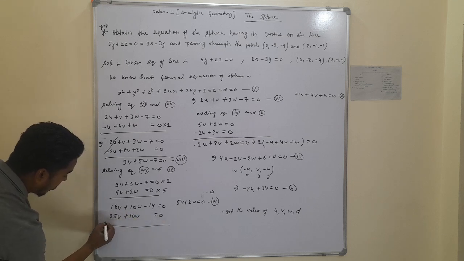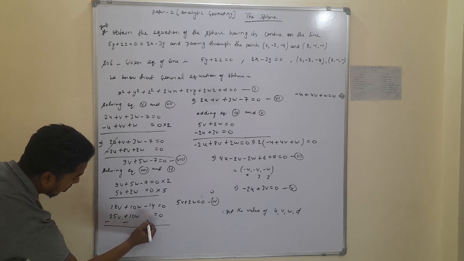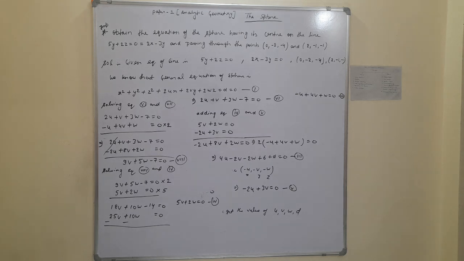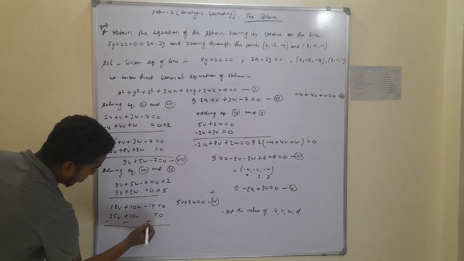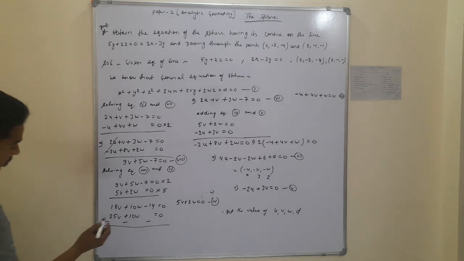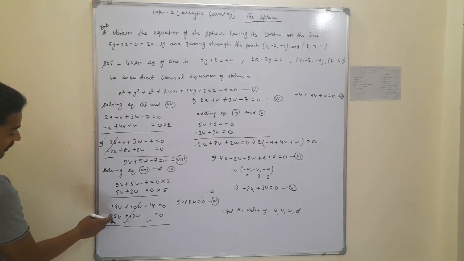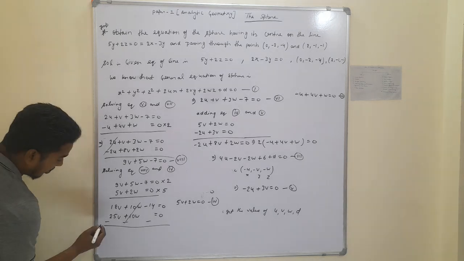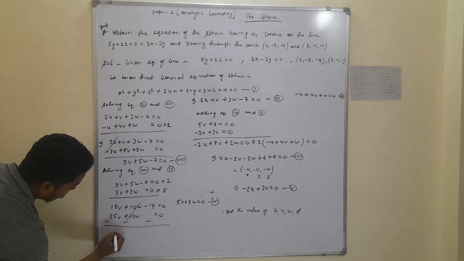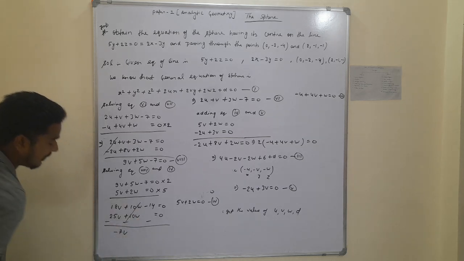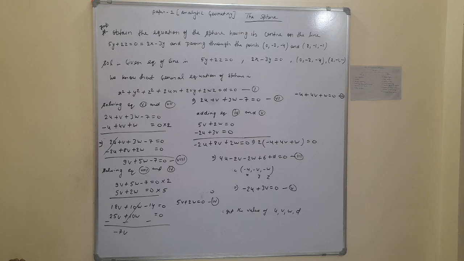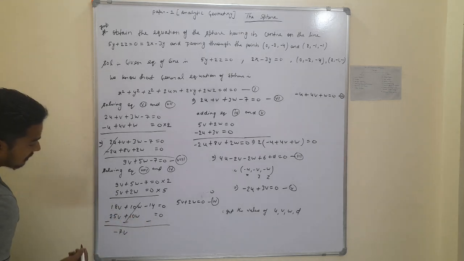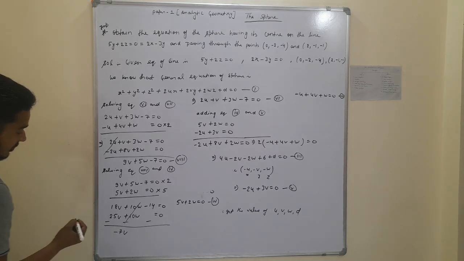And we solve on sign changing, so plus w and minus w cancel out here, and 25v minus 18v we get minus 7v, and here minus 14v.